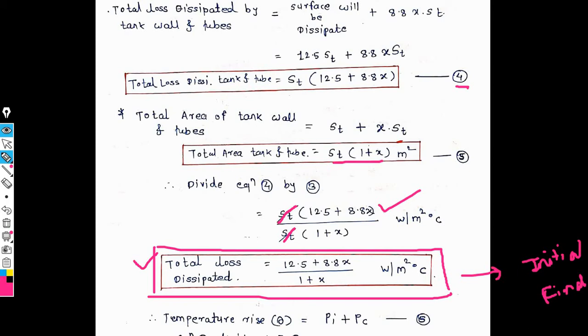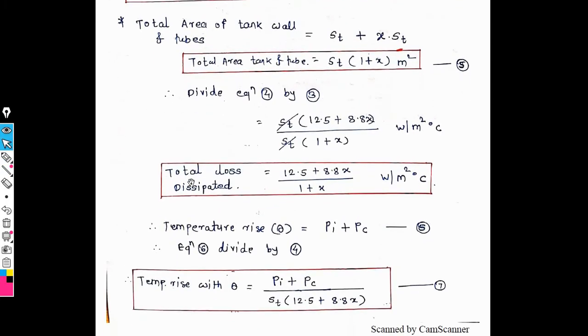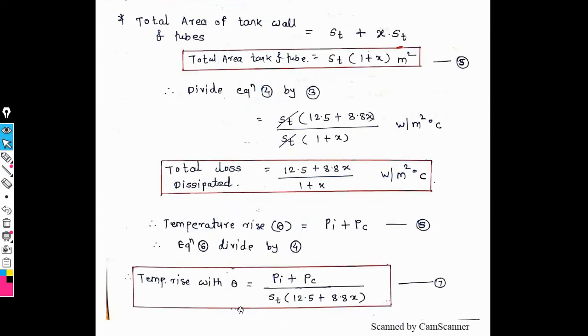Then at that instant we need the temperature rise concept. The temperature rise depends on loss. Temperature rise theta is equal to iron loss plus copper loss, equation number 6.